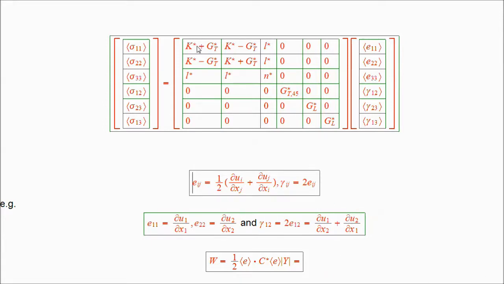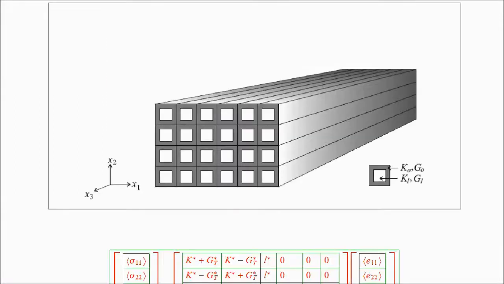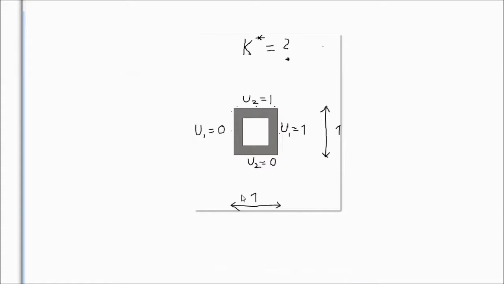In order to calculate K star, we do as follows. First, we subject this structure to a periodic deformation which is equal in the x direction and the y direction. And what we are doing is the following. We are just considering one unit cell. Since we have a periodic structure, it's just necessary for us to consider one unit cell.